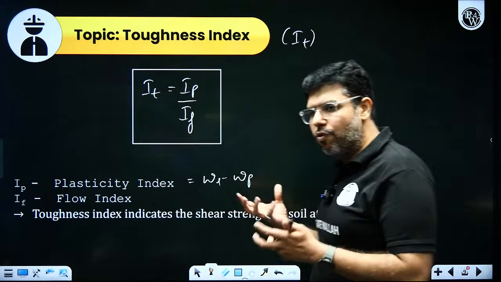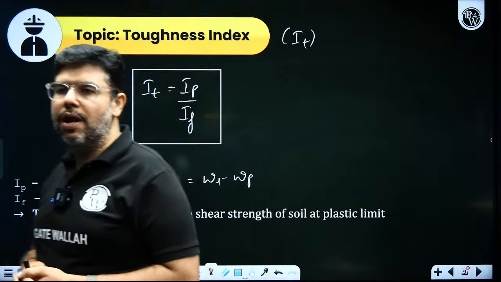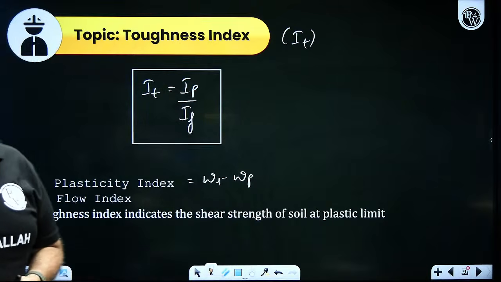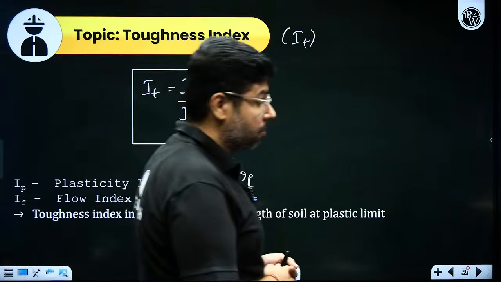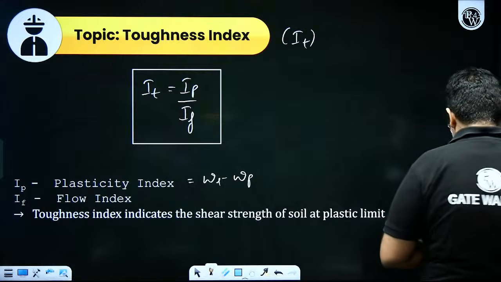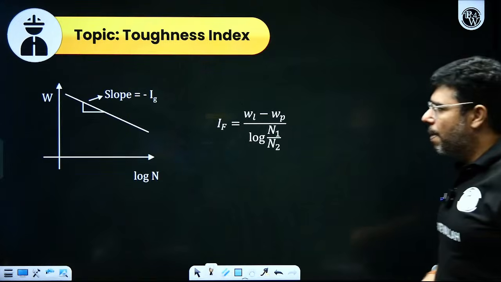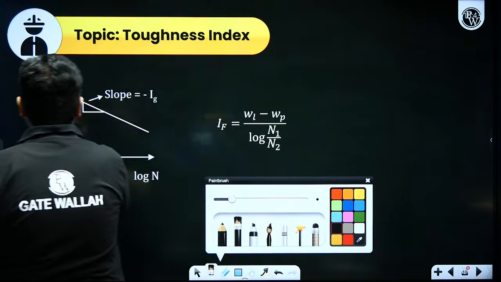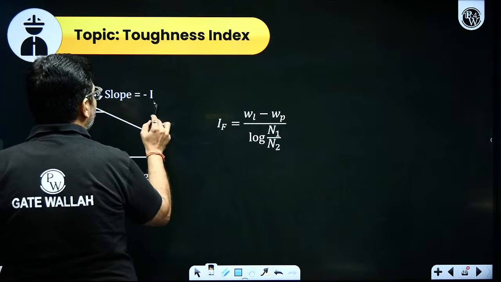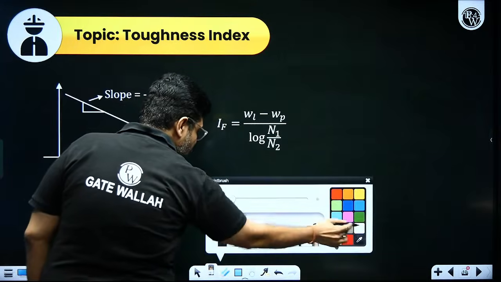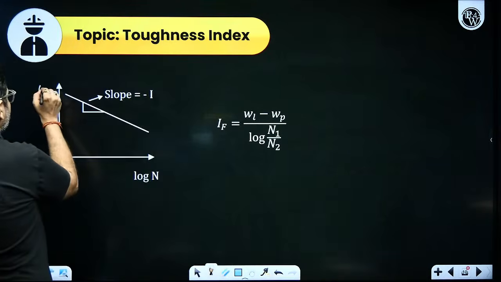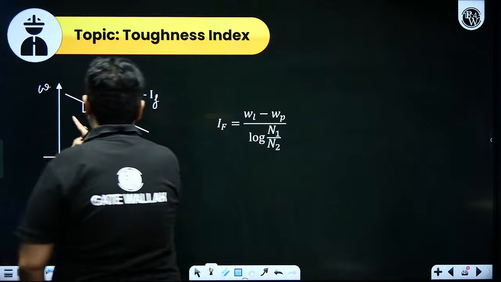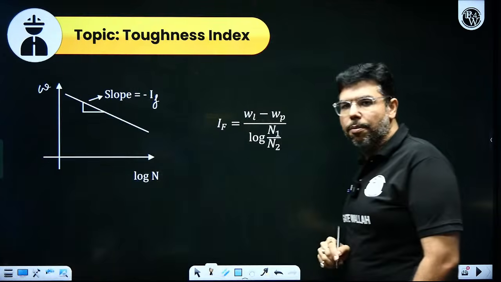So, if you have to compare the stiffness of the soil at plastic limit, we will go with the toughness index. How can I prove this? Very simple. You remember, this is my IF here, that is the negative of the slope of this flow curve. Wn versus log N, where N is the number of blows.